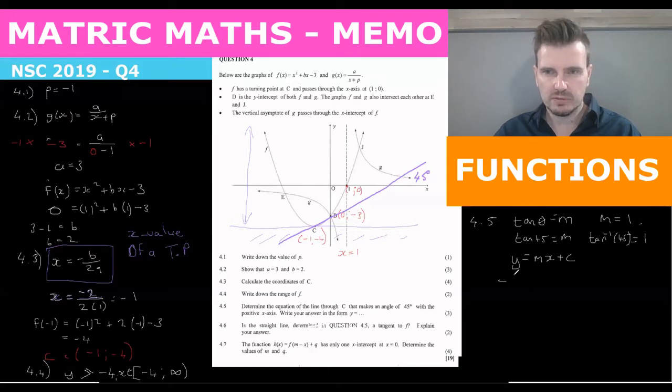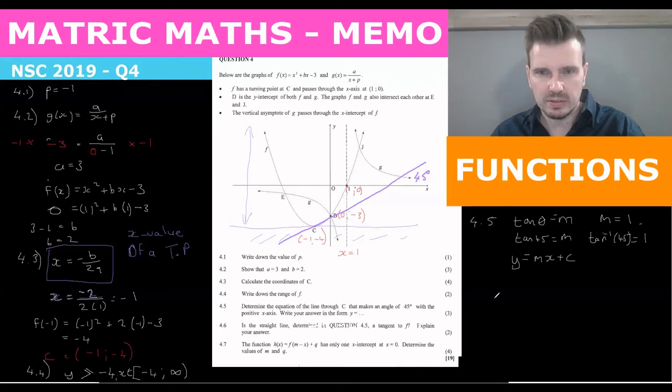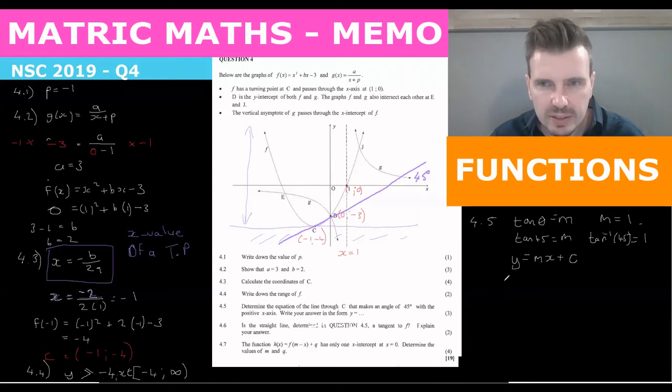So we'll put -4. Let me do that in red. C is what we want to calculate. M we figured out is 1. So y is -4, x is -1, and m we worked out to be 1, plus c.